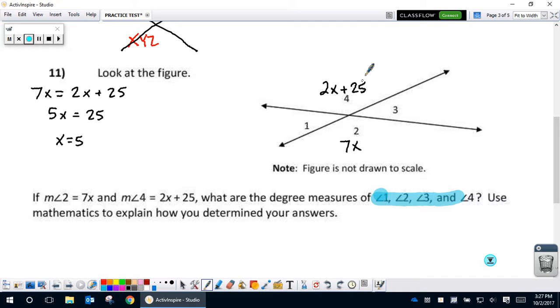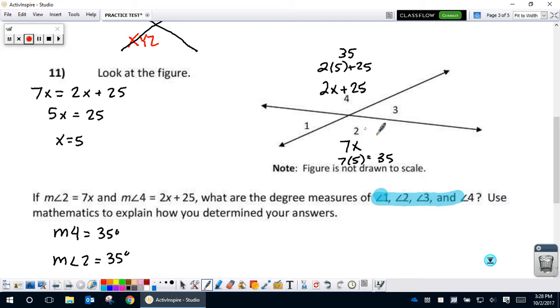So now let's go in and substitute. 2 times 5 plus 25 is 35, and just double check it over here. 35. So that means the measure of angle 4 is 35 degrees. The measure of angle 2 is 35 degrees.